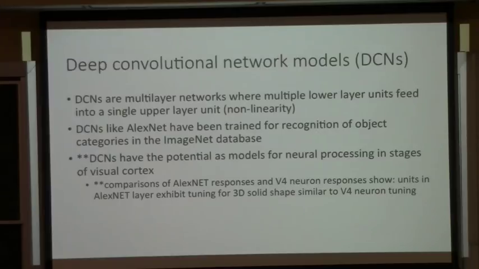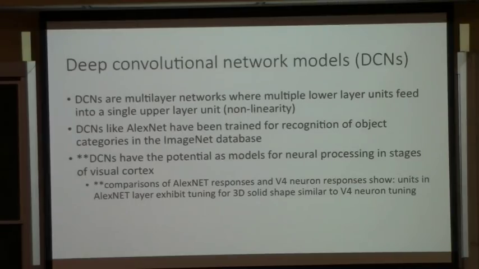And then he does this thing with deep convolution network models, and he talks about AlexNet. Super brief, this is a very dumbed down definition: DCNs are multi-layer networks where multiple lower layer units feed into a single upper layer unit, and there are nonlinearities with this. DCNs like AlexNet have been trained for recognition of object categories.